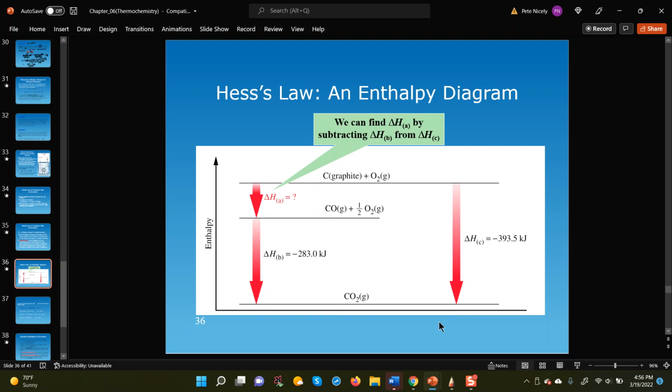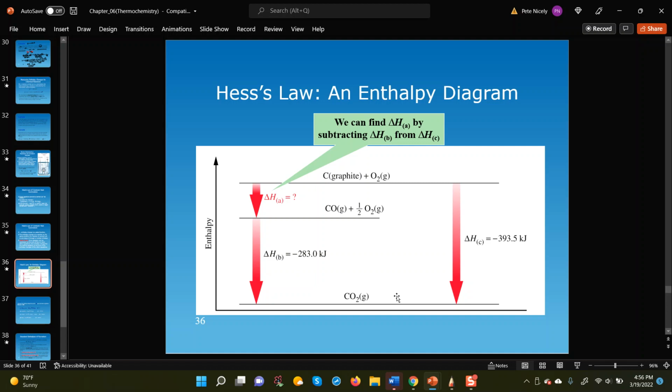So basically, it's minus 393.5 minus 283.0, and according to my calculation, the answer here is equal to minus 110.